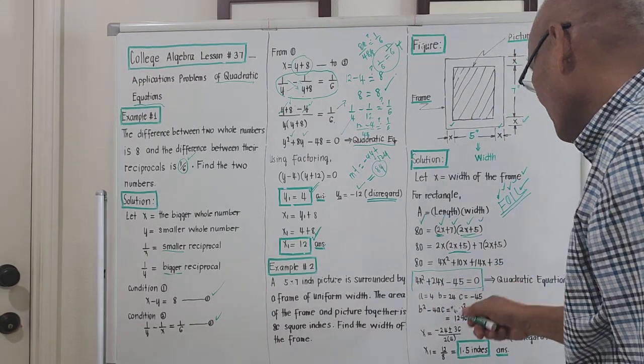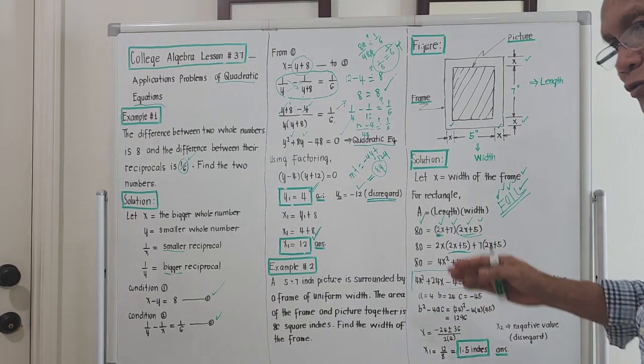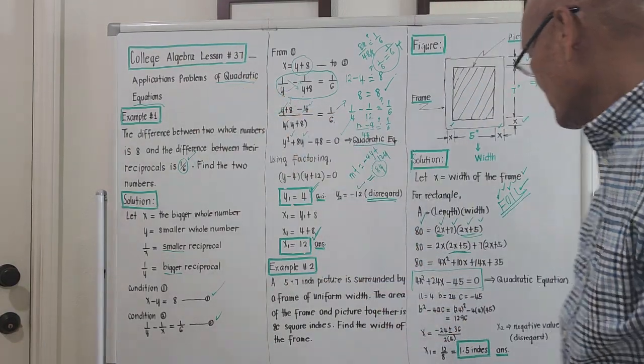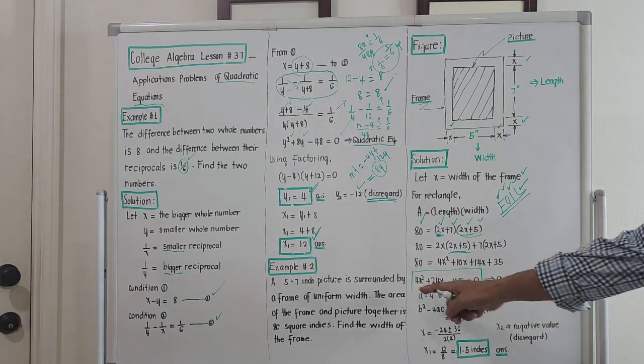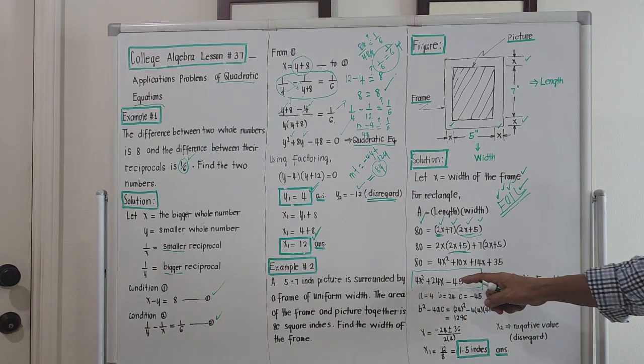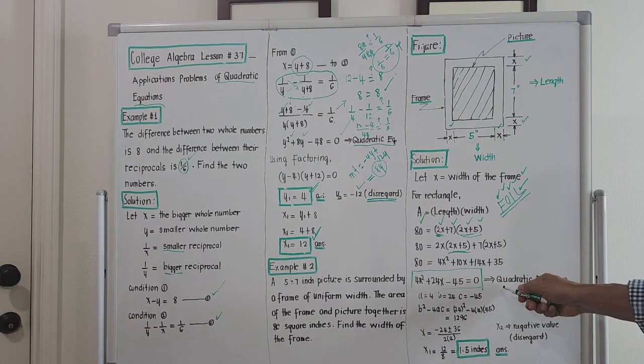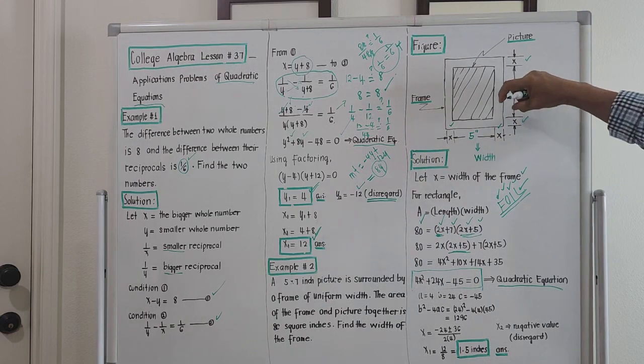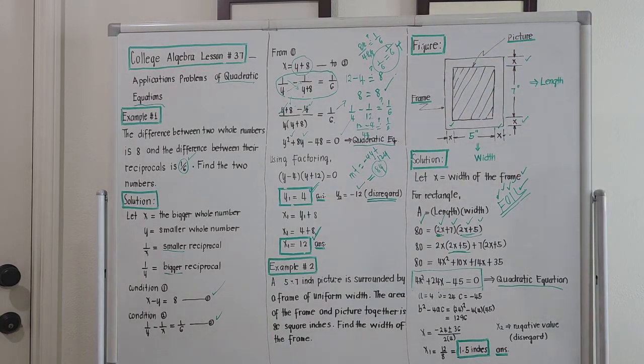The title of the subject matter for tonight is application problems that resolve to quadratic equation, right? 4x squared plus 24x minus 45 equal to 0. This is now the resulting quadratic equation that involves the unknown, the unknown width or thickness that goes around.